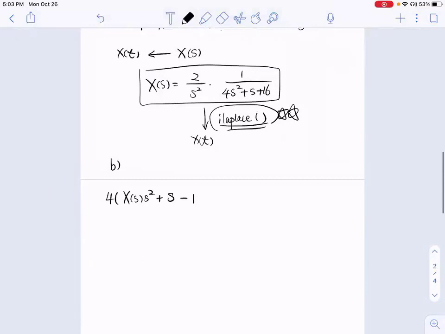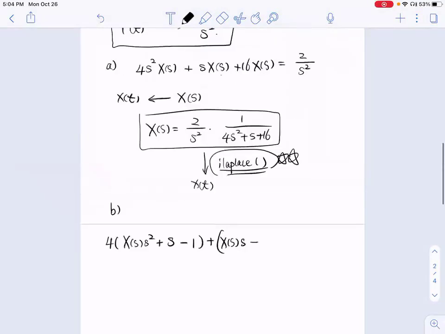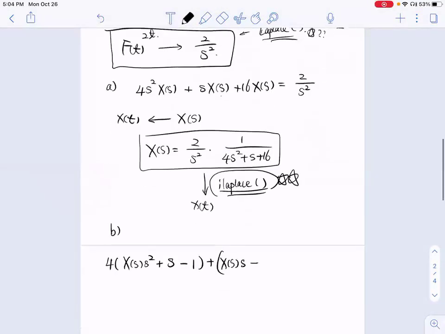Yes, it's positive 1. So plus X(s) times s, and that's -1 and +1. And then the last one is 16 X(s), which equals 2 over s squared.